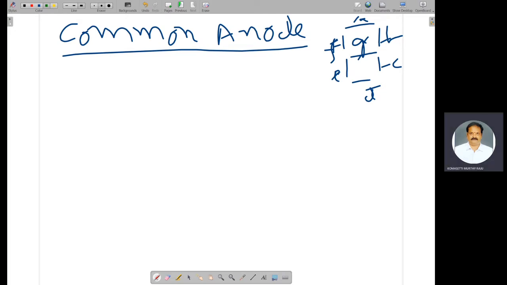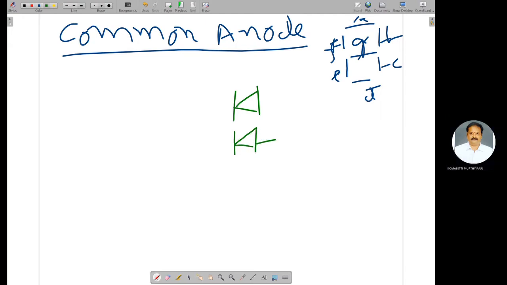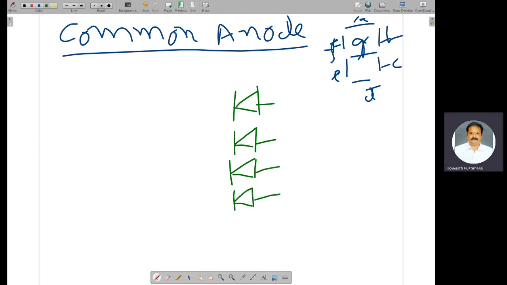In a common anode 7-segment display, all the anodes are shown in the figure here. Consider the LEDs 1, 2, 3, 4, 5, 6, and 7.